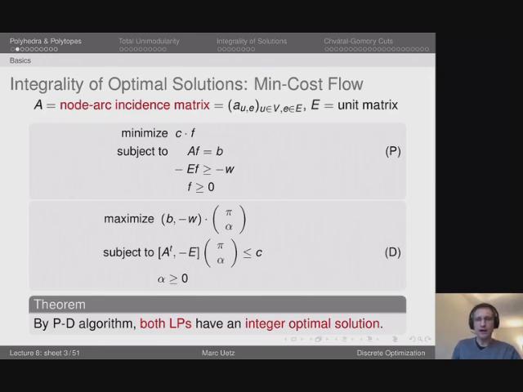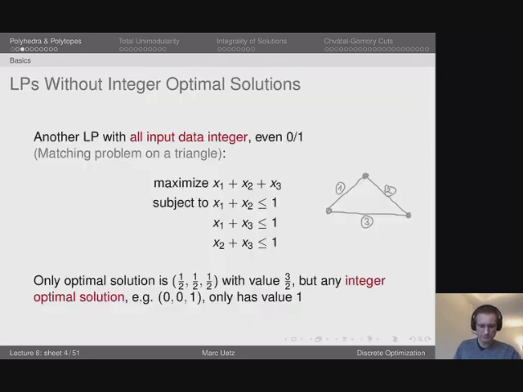So if you give me an arbitrary linear program, it need not have integer optimal solutions, even though all the input data, all the parameters are integers. And a very simple example is this one here. So we have a linear program here with all input data integer, even all input data is 0 or 1.